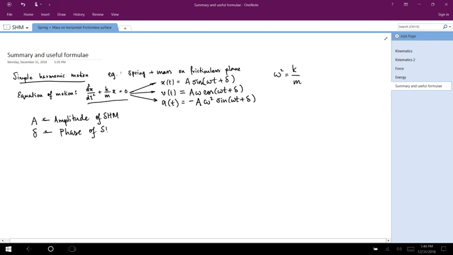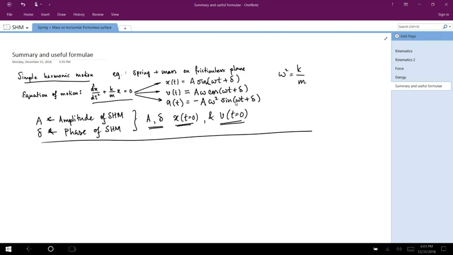Now note that in our particular scenario, we found A and δ by considering the values of x at t equals 0 and v at t equals 0. Generally this is true, that you can find A and δ by knowing x at t equals 0 and v at t equals 0, but not every problem will have the exact same result for A and δ.